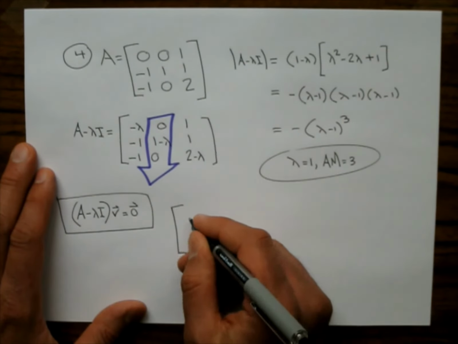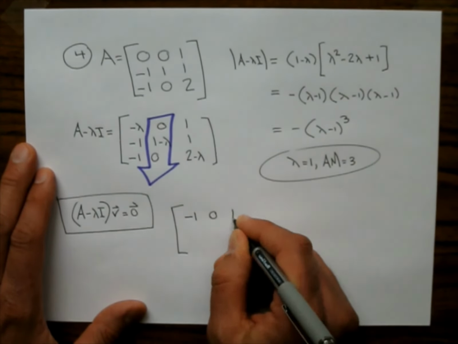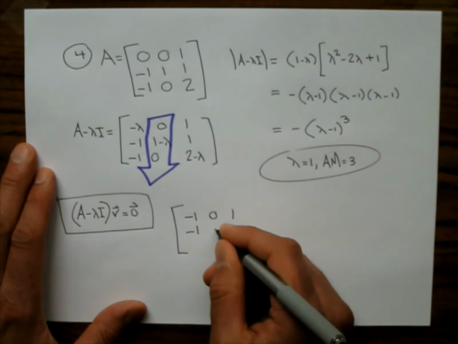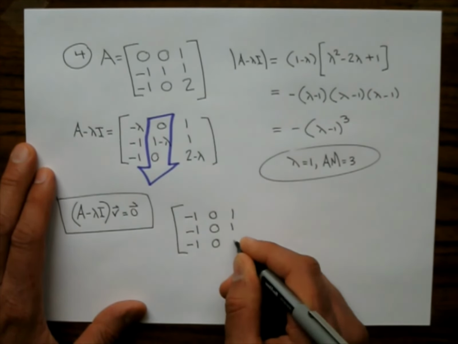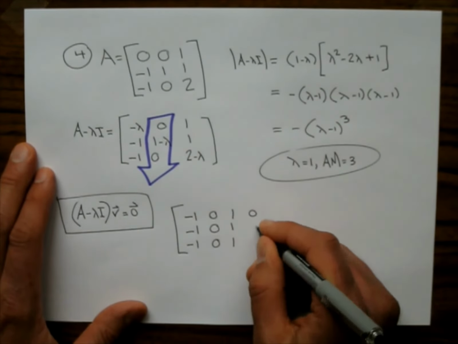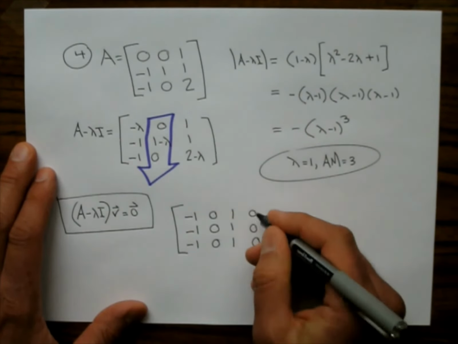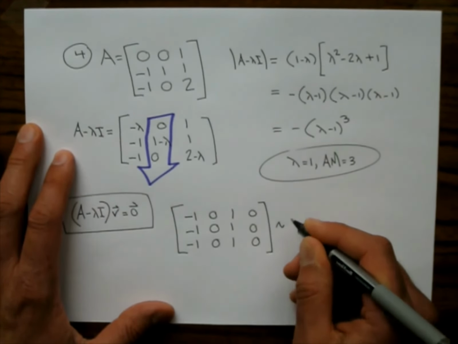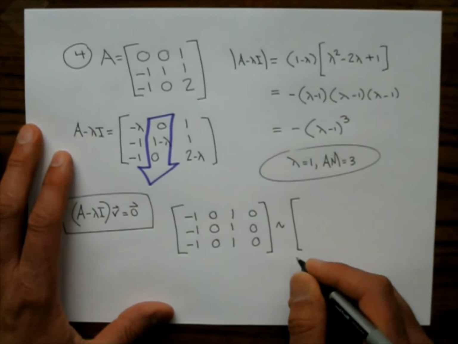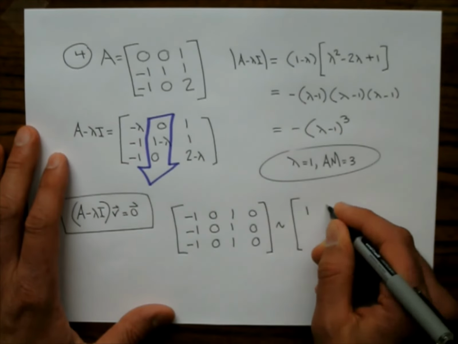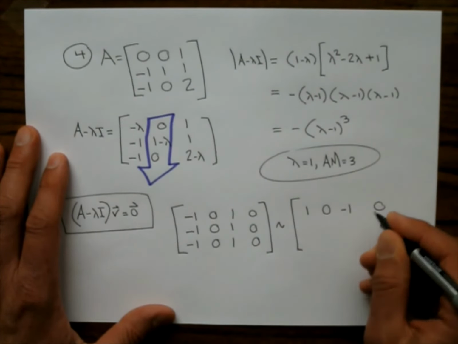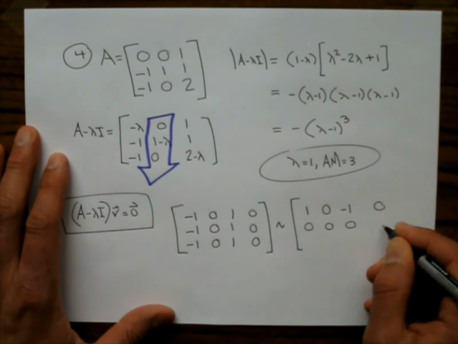And when I do that, I get negative 1, 0, 1, negative 1, 0, 1, and negative 1, 0, 1. Okay, and then I zero out that because there's a 0 there. And I'll go ahead and do the row operations for you so you don't have to worry about that. I ended up getting 1, 0, negative 1, 0, and then everything else was zeros.